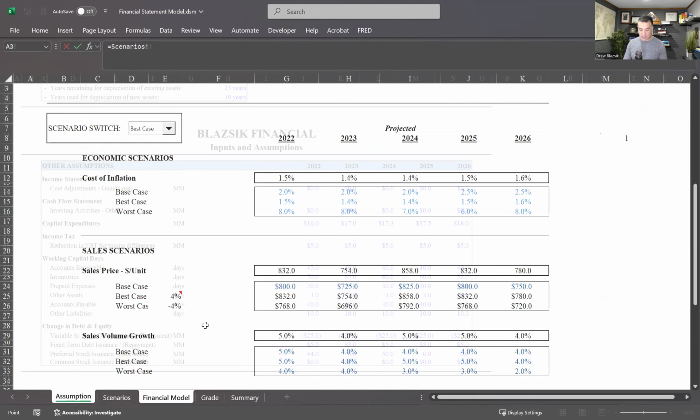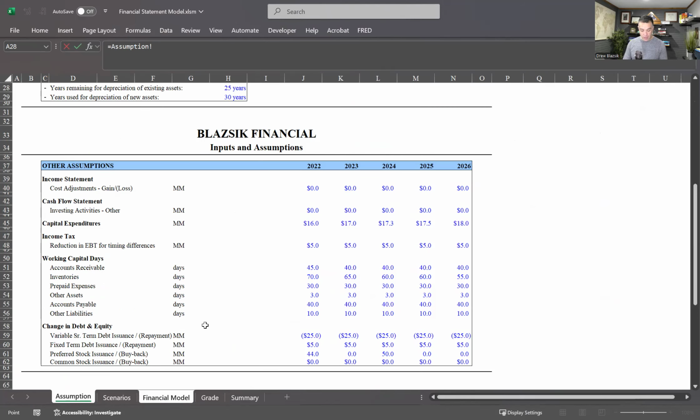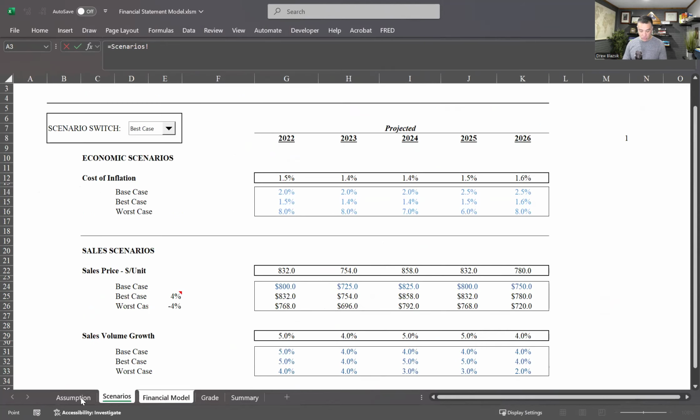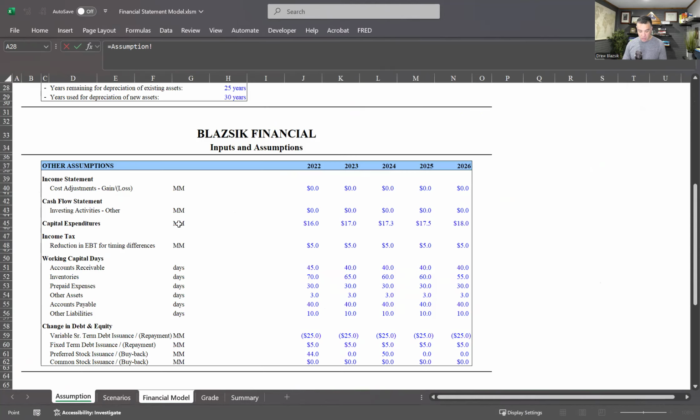What is our cap X? Well, I'm going to go to the assumptions. Our capital expenditure is right here, right? I'm going to put a negative on there because I want that to show what it's going to cost. We're buying capital expenditures. I'm buying more, which is going to cost money. That's a negative cash going out. And then we got other. I go to our cash flow.